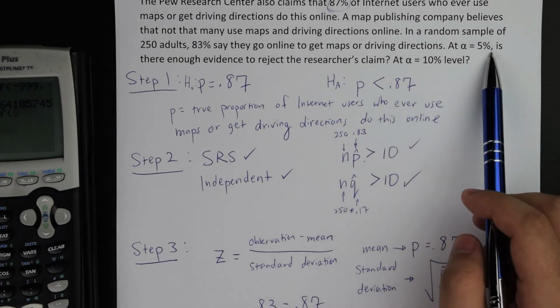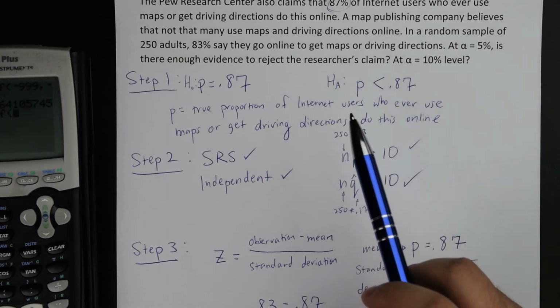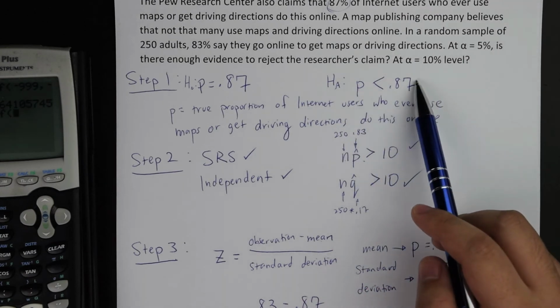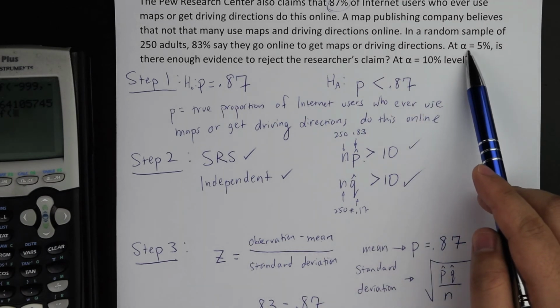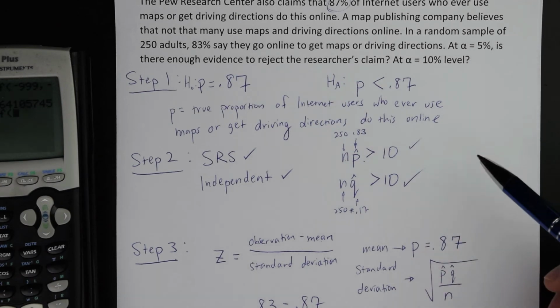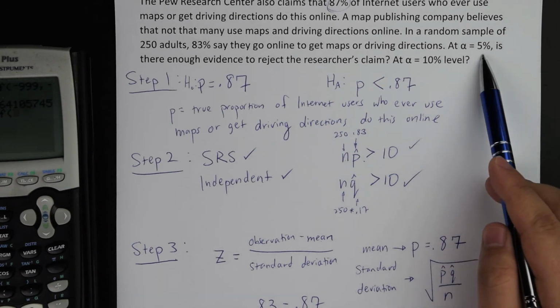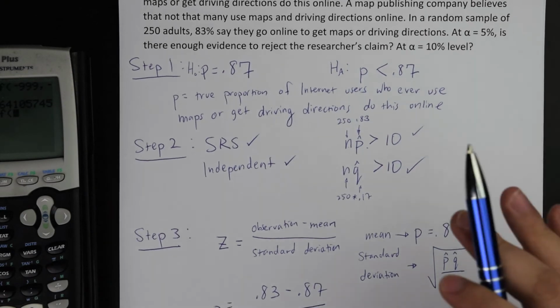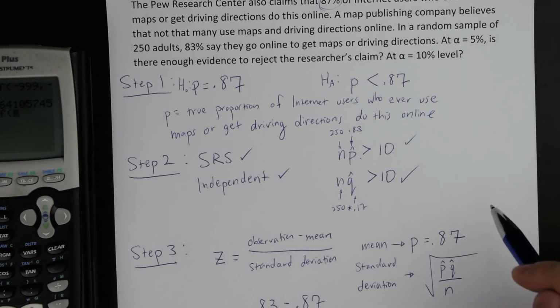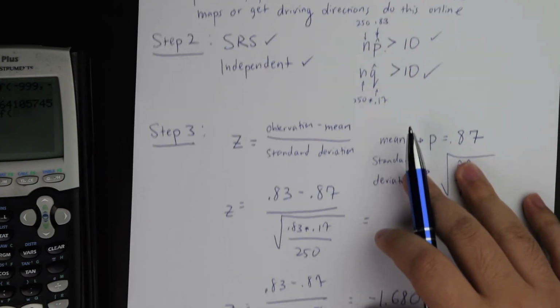It says at 5% value, is there enough evidence to reject the researcher's claim? What this means is that if my p-value that I got from this whole test is below 5%, I can reject it. If it's not below 5%, I fail to reject it. There's never, I accept the null hypothesis. I fail to reject the null hypothesis, or I reject the null hypothesis.